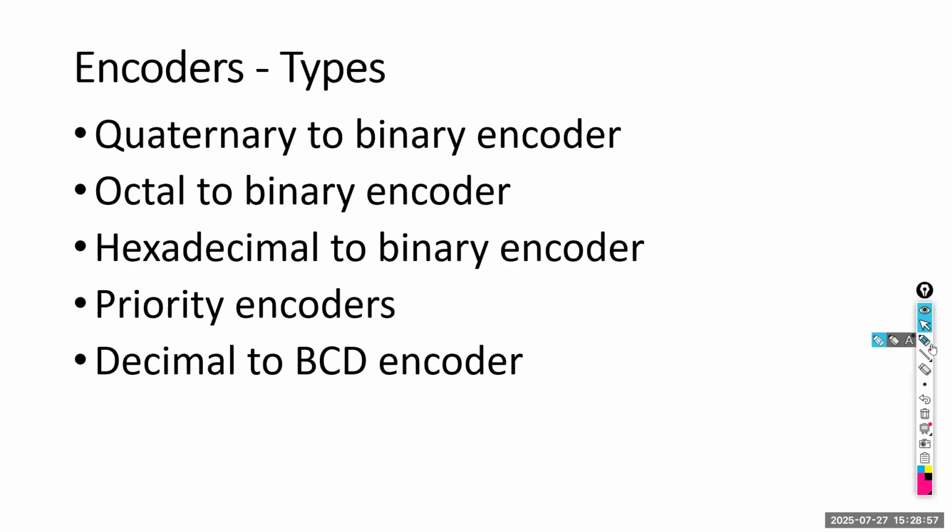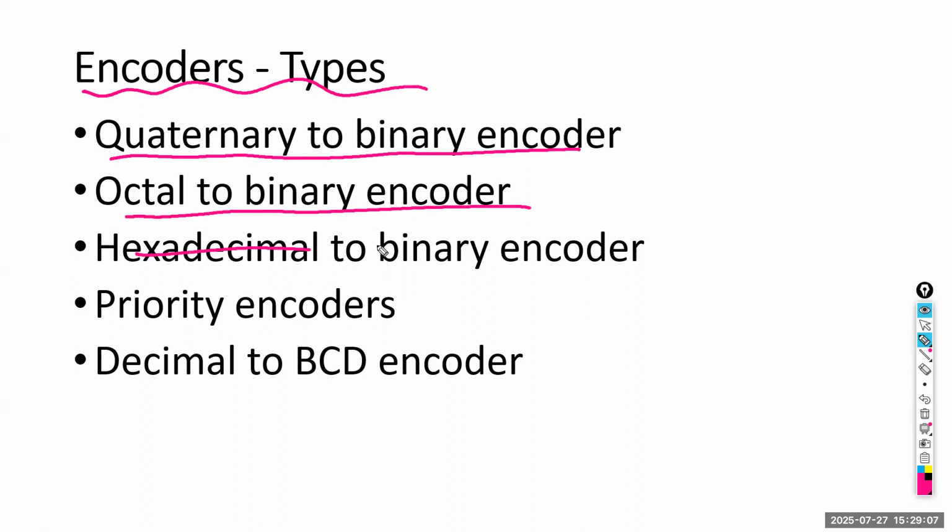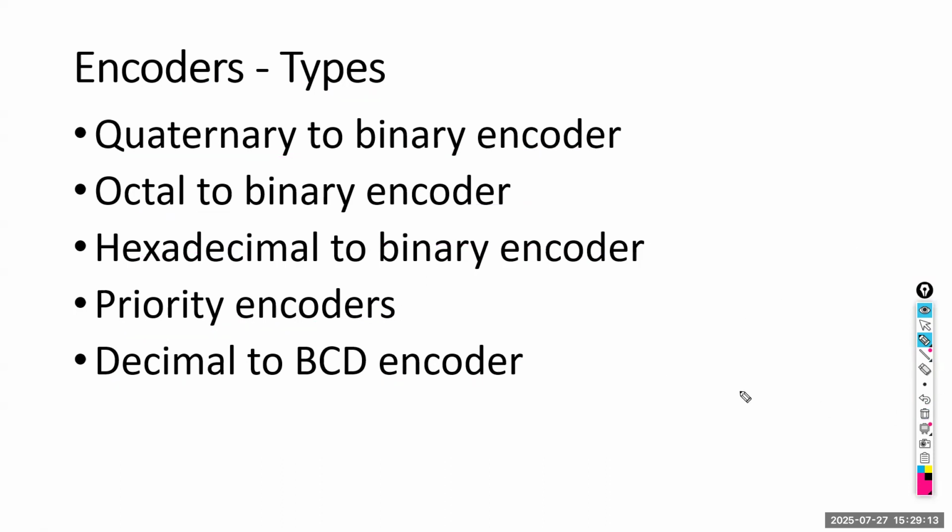So it depends on the type of encoder. There are quaternary to binary encoders, octal to binary encoders, hexadecimal to binary encoders, priority encoders, decimal to BCD encoders, and so on. Because encoders have different usages and slightly different types.